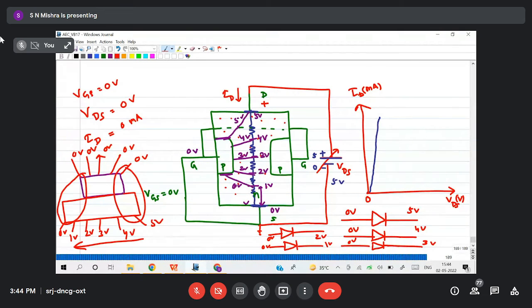Now are all the diodes the same type of biased, or more reverse biased, less reverse biased? Whether the diodes are reverse biased or forward biased, first tell me.